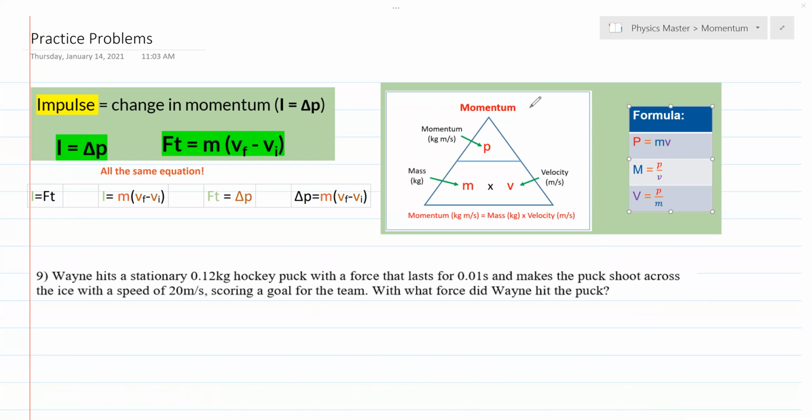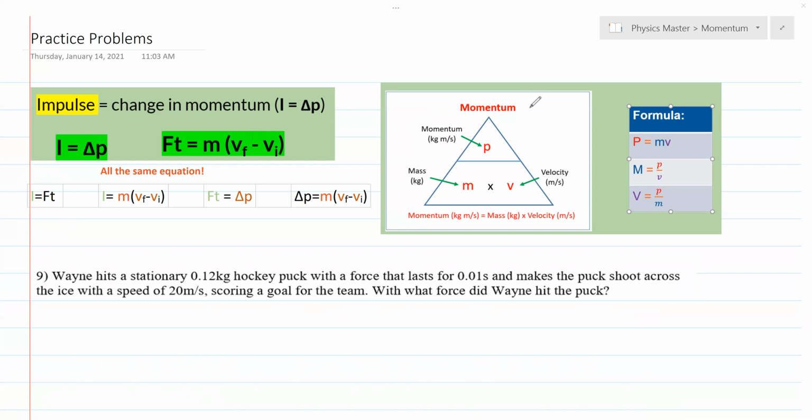For this one I solved it differently, but I still got the same answer. I haven't solved this one yet. No, I'm saying for the impulse one I got everything correct, but I did it differently. Okay, shoot me a picture so I can see how you did it. Okay, all right, I'll take a picture.